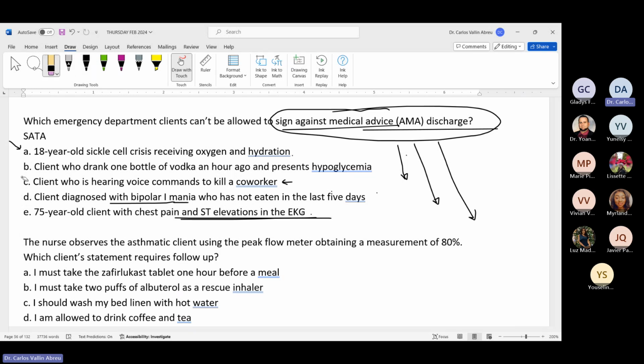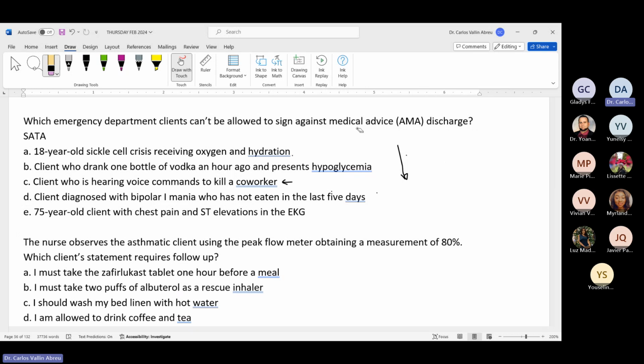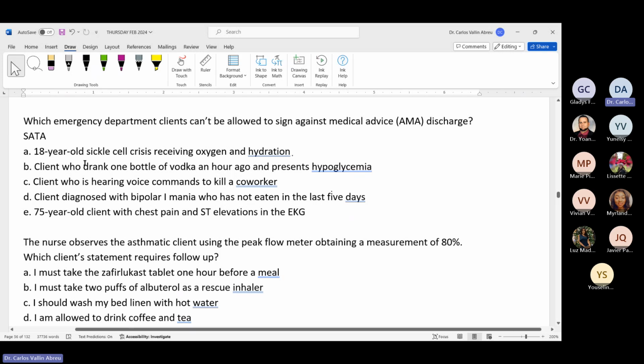Don't complicate the question. The legal questions that we have in NCLEX don't require calling the hospital lawyer, the legal department. It's not necessary. They are very basic, like those examples that are mentioned here.